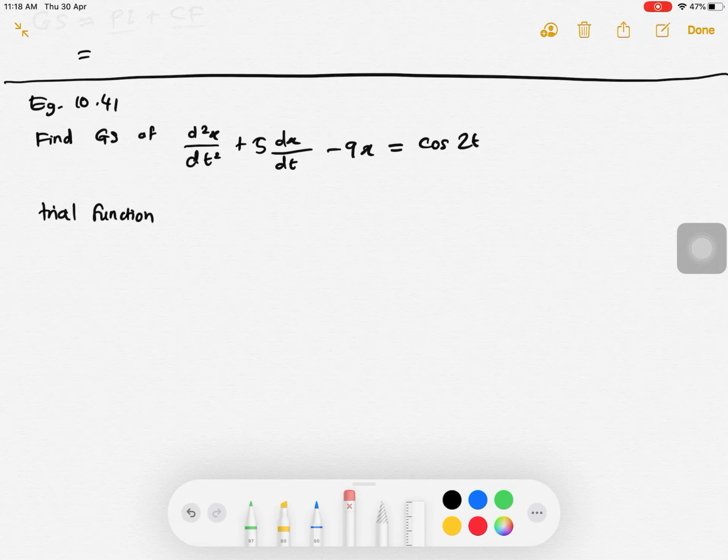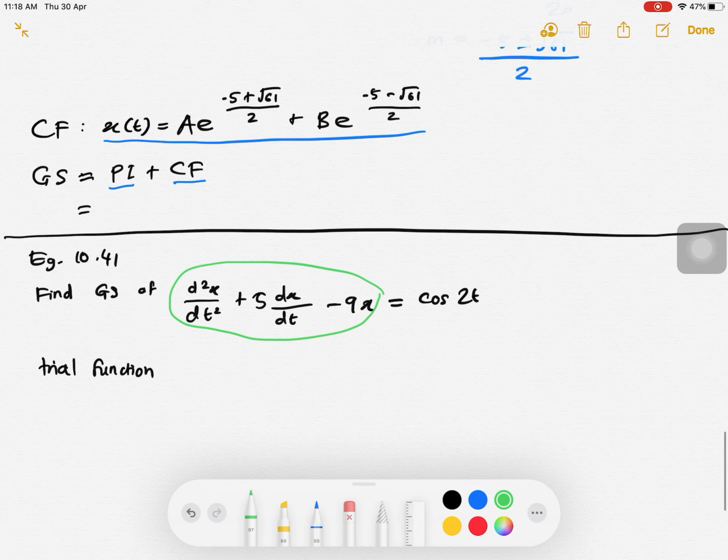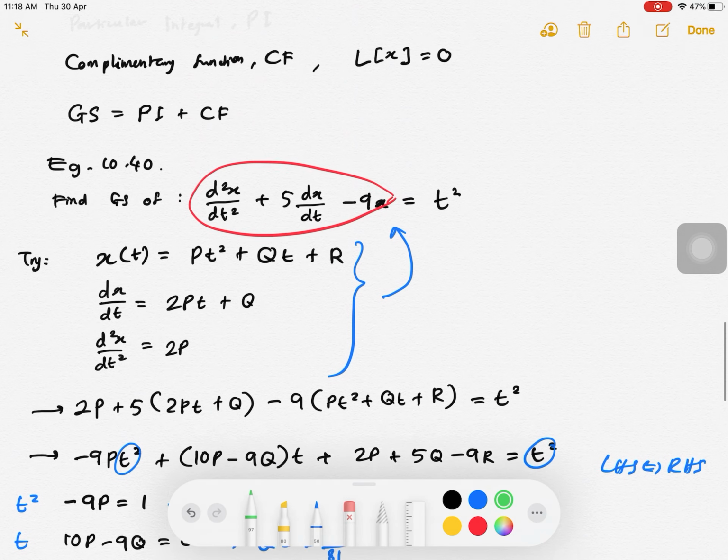Find the general solution of d2x/dt2 plus 5 dx/dt minus 9x, and now the right hand side is cos 2t. So if you remember, this equation is exactly similar to example 10.40.